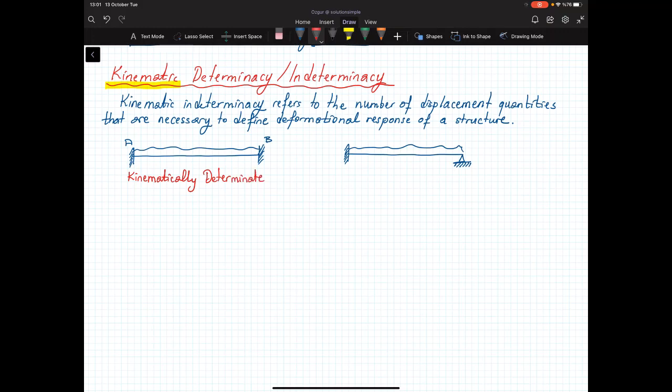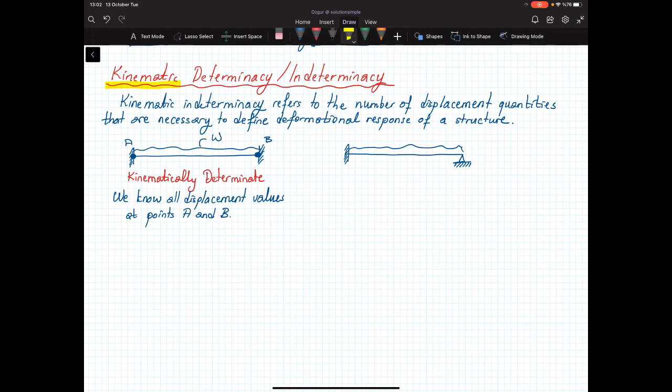Why? Because we know all displacement values at points A and B. If I know all the displacement values at these ends of these two members at points A and B, by using integration or any other method, I can determine the deformed shape of the structure under this given loading.